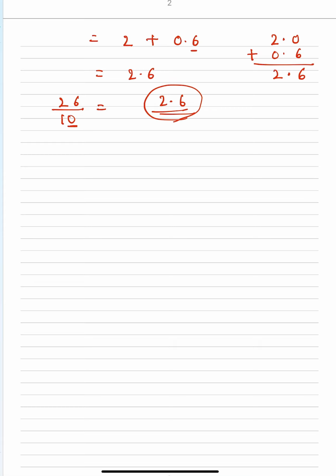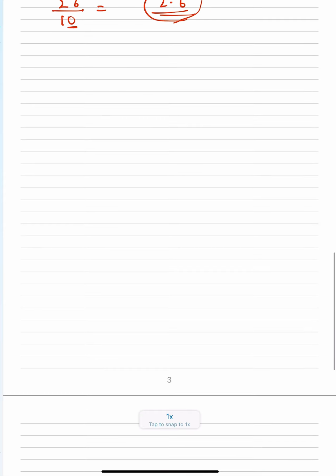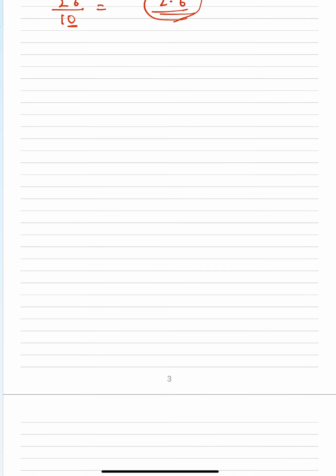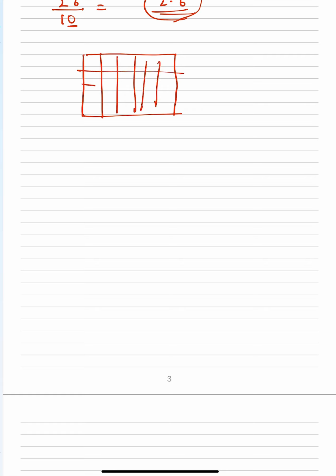That was the explanation. Now for 100, the same thing. If a grid is taken and divided into 100 equal squares, I will not draw all 100 squares, and in that 3 are shaded. Then we will write 3 upon 100.